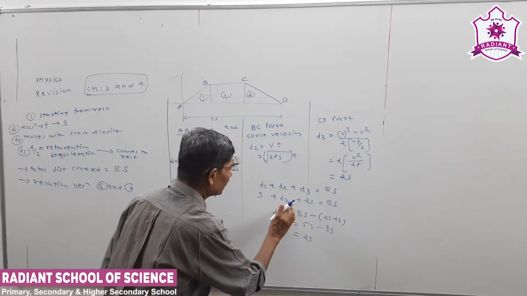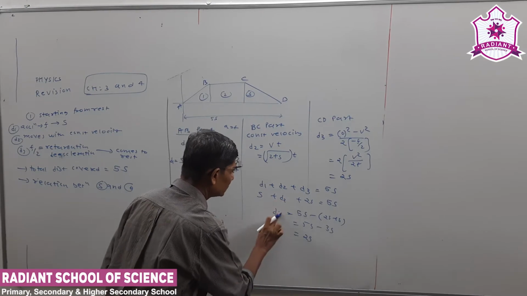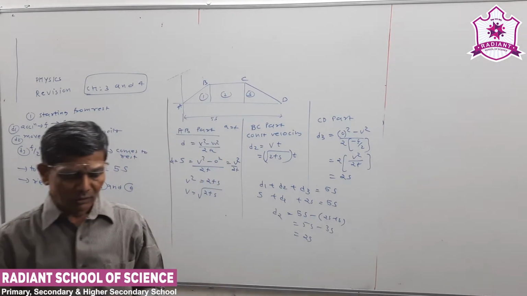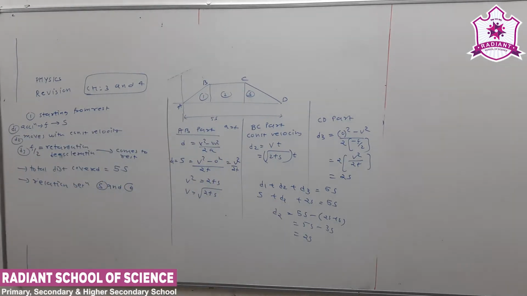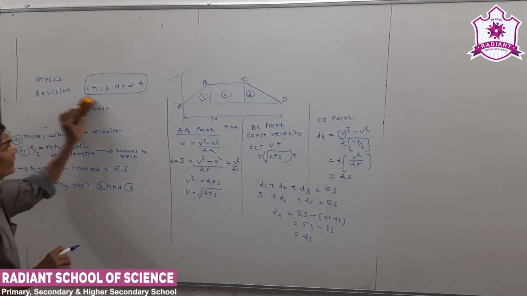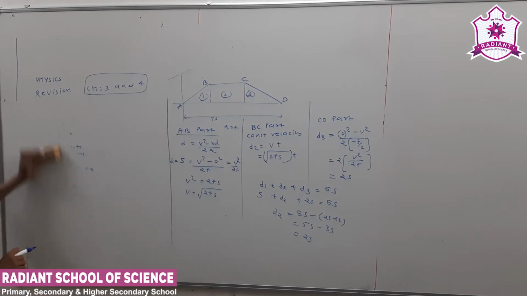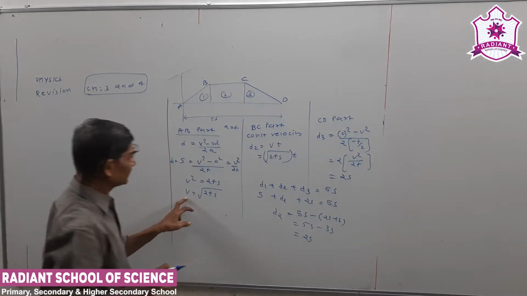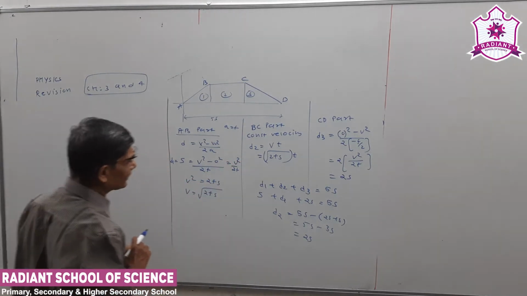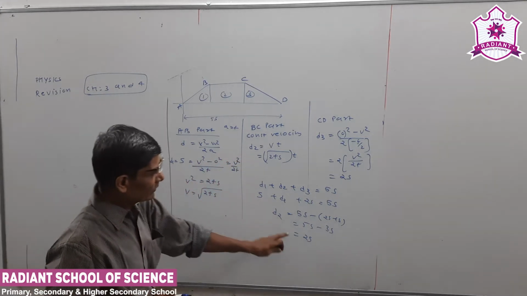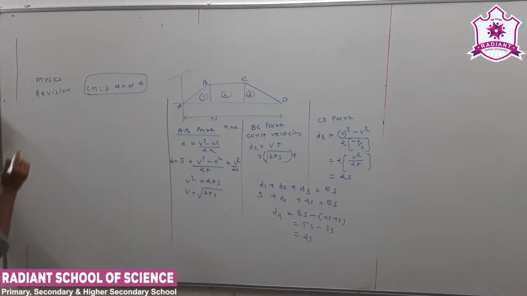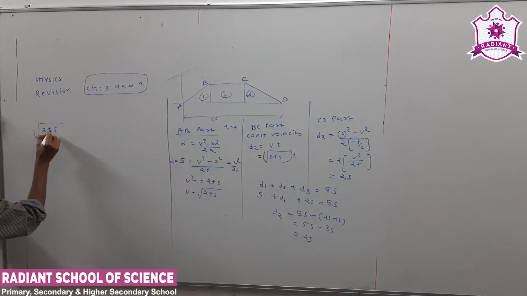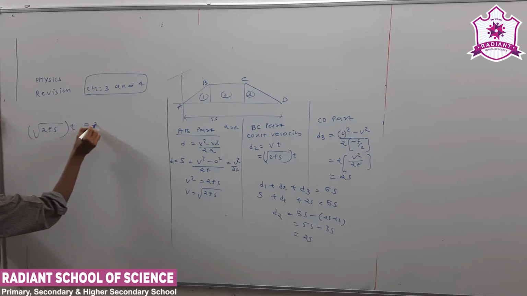Now, sorry, this d2 is 2s. Now we have to obtain the relation between s and t. This 2s distance is the distance covered during the second part, that is our d2. So we can compare. It is root 2fs into t is 2s.